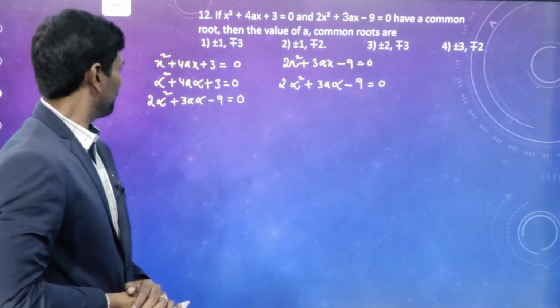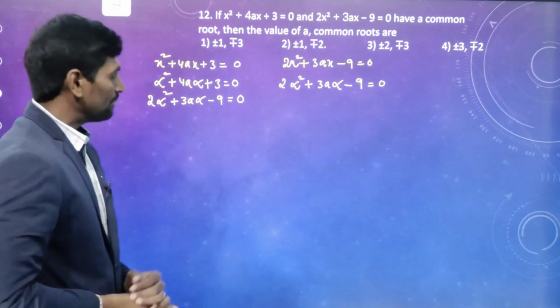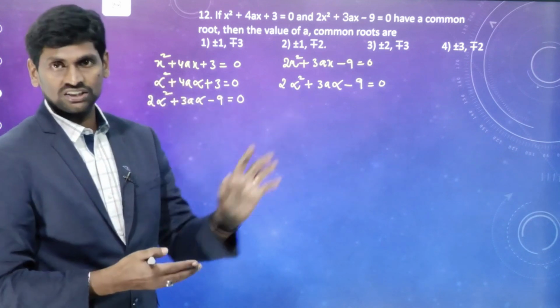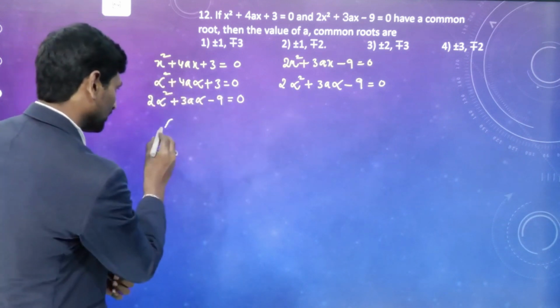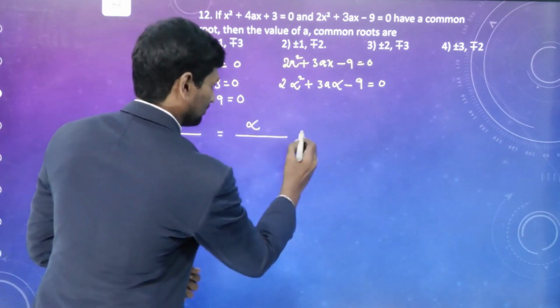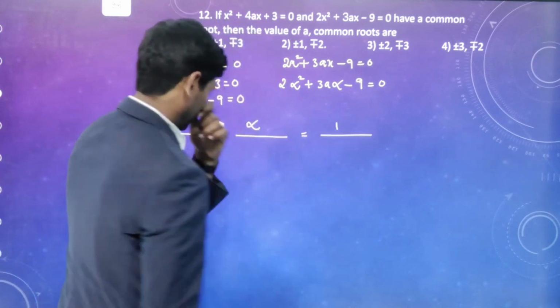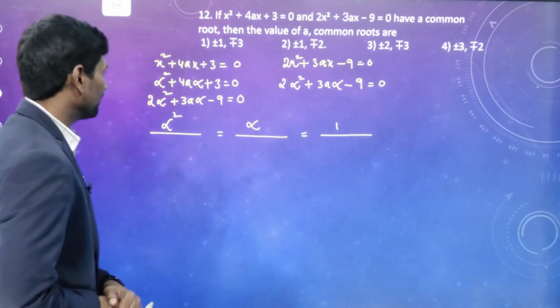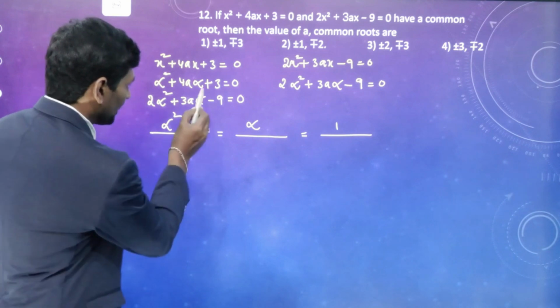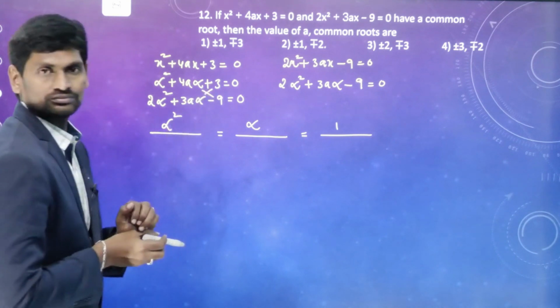Now I am just comparing alpha square term, alpha term and constant term. That means alpha square term, alpha term and constant term. Alpha square term, that means except the alpha term, the alpha square terms remaining, like cross multiplication we should check.